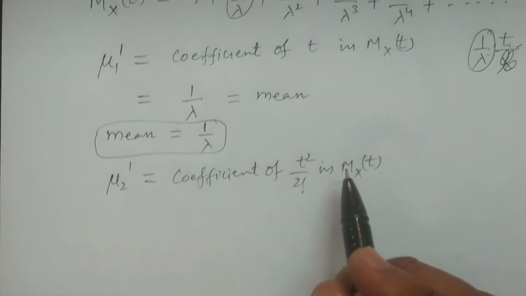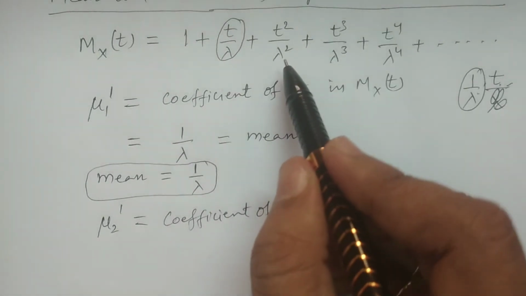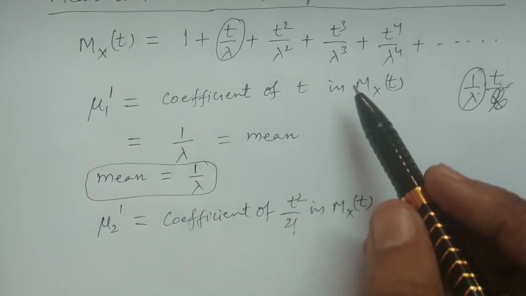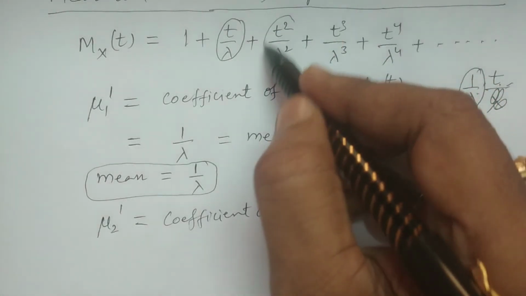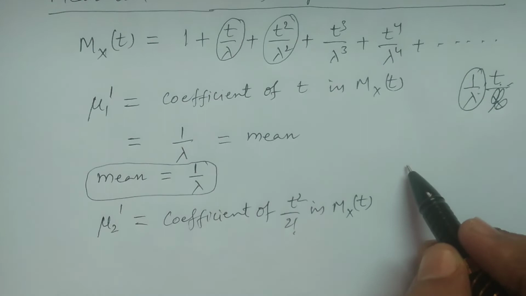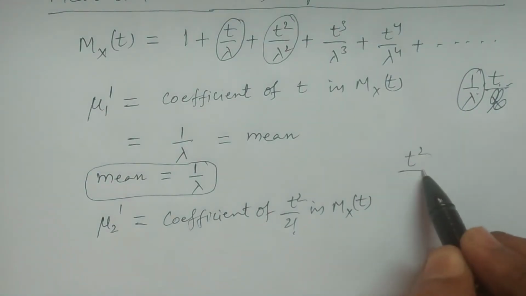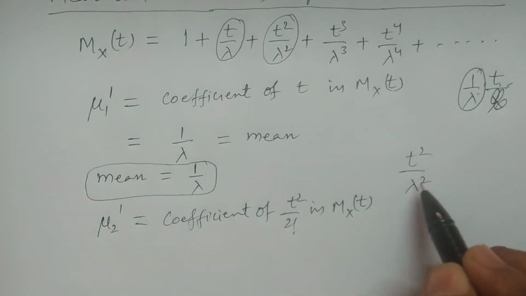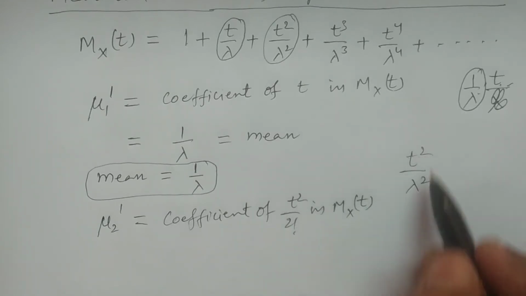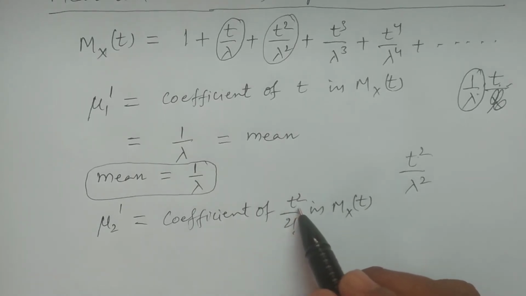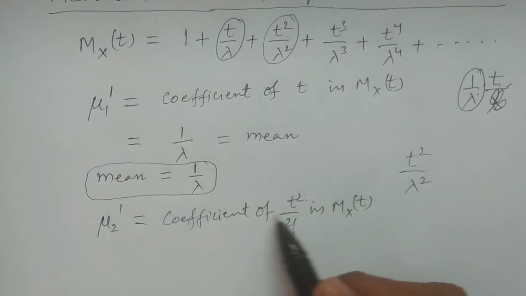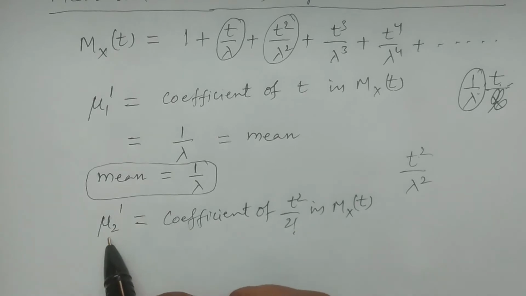In the moment generating function, the term is t^2/lambda^2, so the coefficient is 1/lambda^2. But here the coefficient of t^2/2! is required. The coefficient of t^2/2! is mu2'.